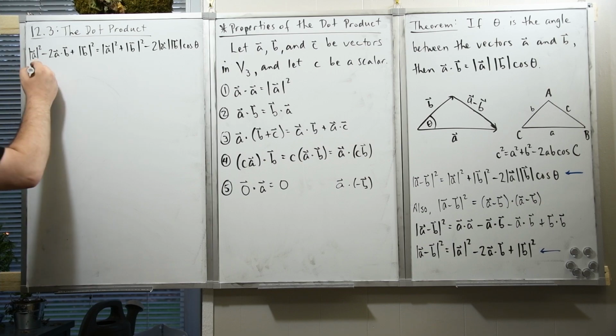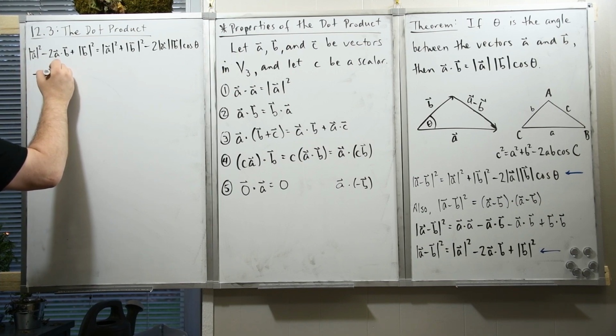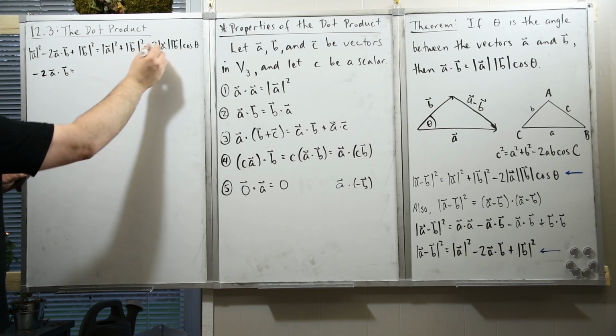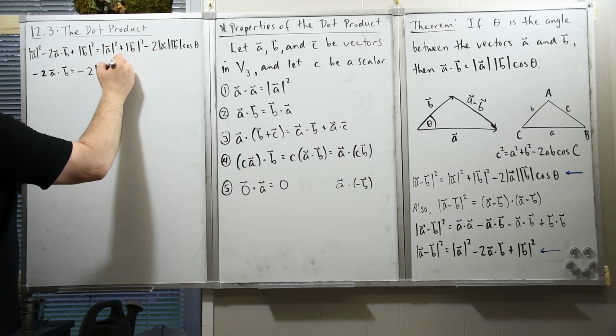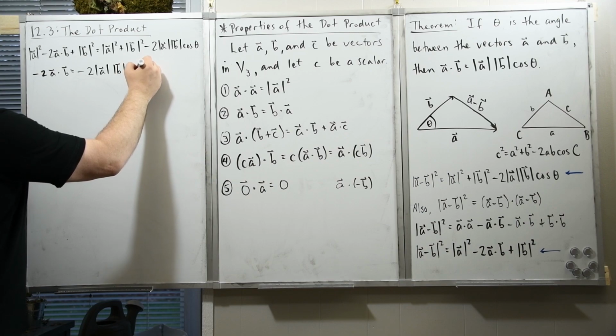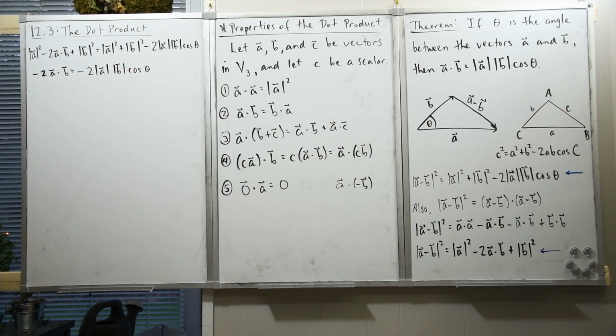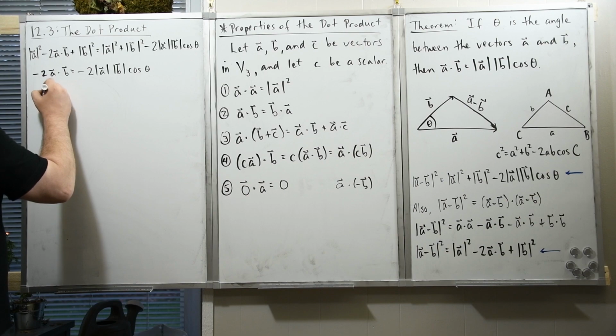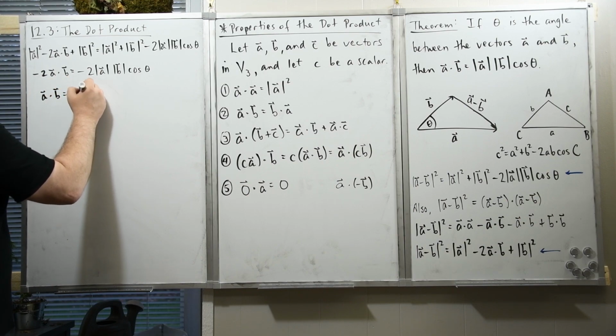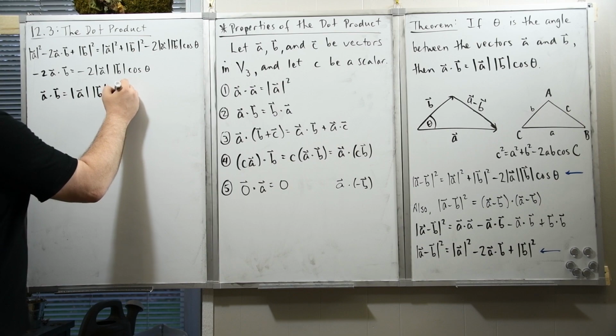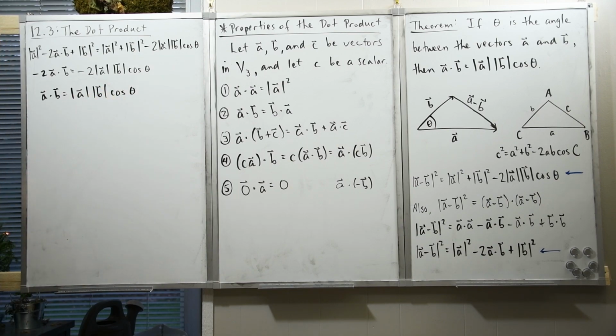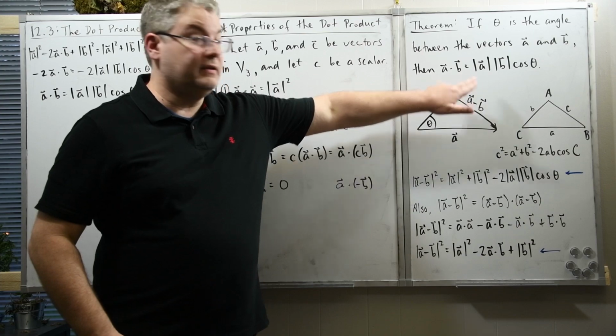And what you're left with is negative 2 times a dot b is equal to negative 2 times magnitude of a times magnitude of b times cosine theta. And so, if we divide both sides of this equation by negative 2, then we get that a dot b is magnitude of a times magnitude of b times cosine theta, which is exactly the result that we see right here.